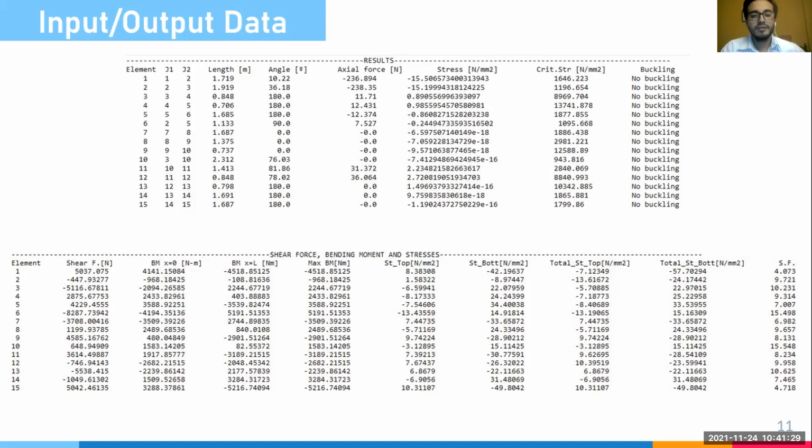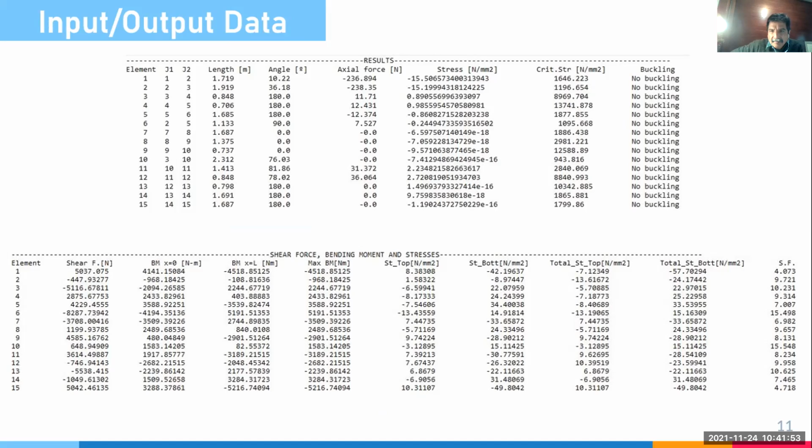But here in the table, I put just the x0 and xl, because it's common that we find the maximum at these points. Yeah, and then I select the maximum. The program selects the maximum bending moment, and we analyze what's happening at the top and the bottom.